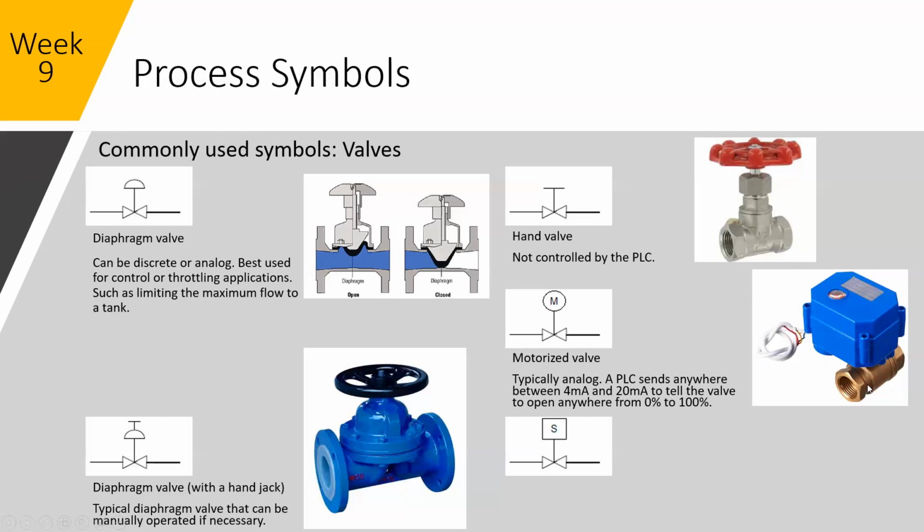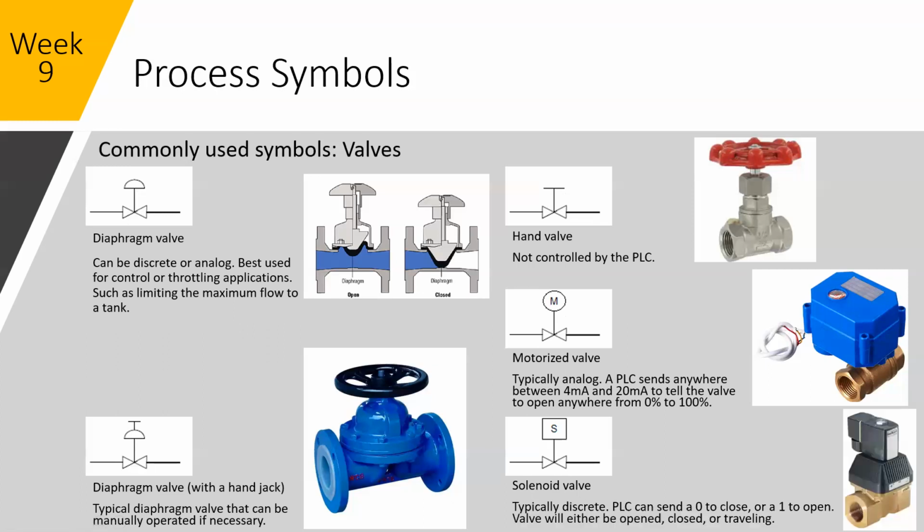This could be a 90, this could be a ball valve, but it doesn't really matter. The indication here is that we would have remote control of this device. All of the ones up to this wouldn't indicate that we would have control of it remotely. There's no electrical connections to them necessarily.